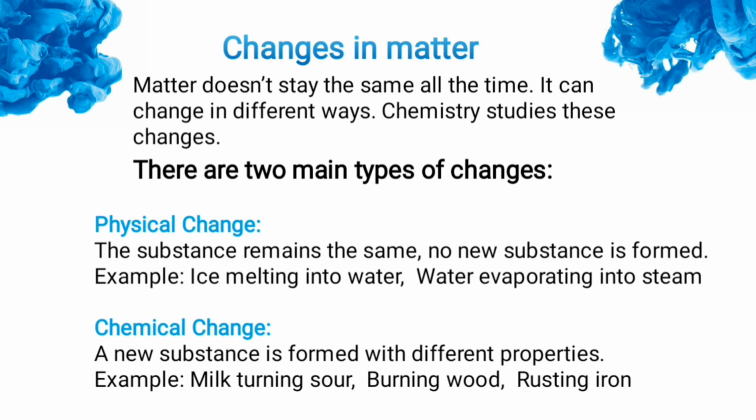These are chemical changes because in these changes a new substance is formed which has different properties. This is why it is called a chemical change. So this is all about the definition of chemistry.